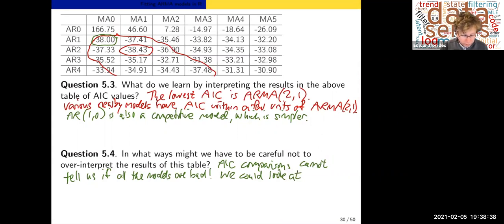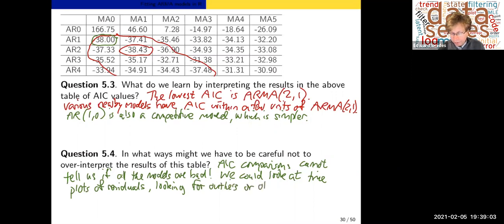We could look at, say, time plots of residuals would be one way to help look at that. Looking for outliers or other patterns in the residuals.